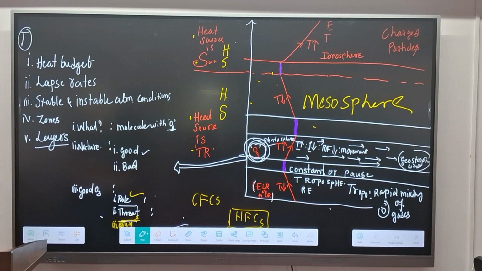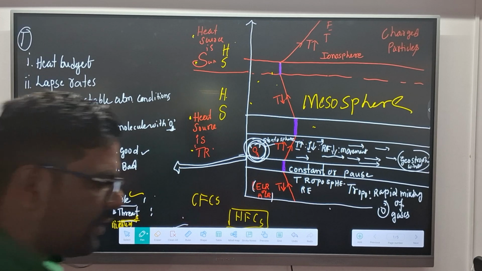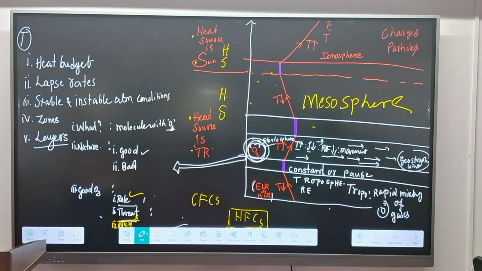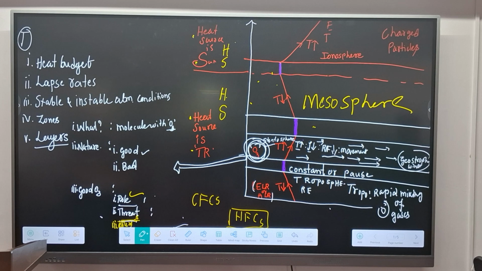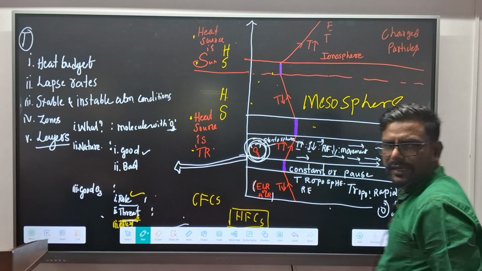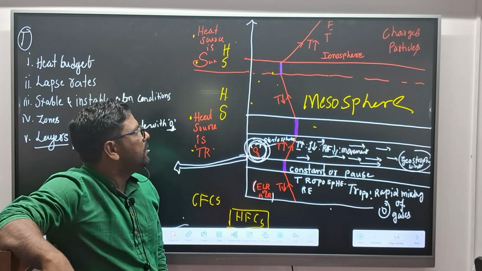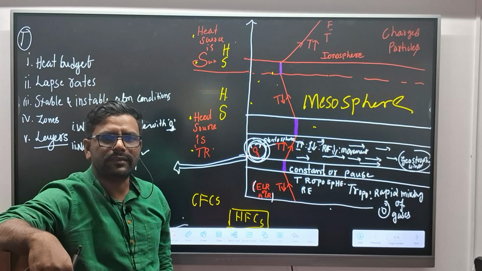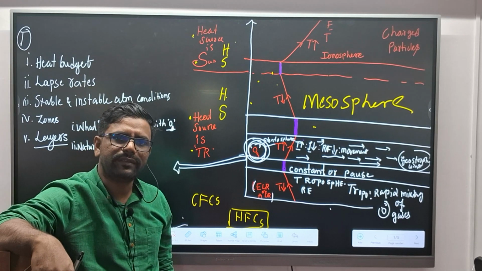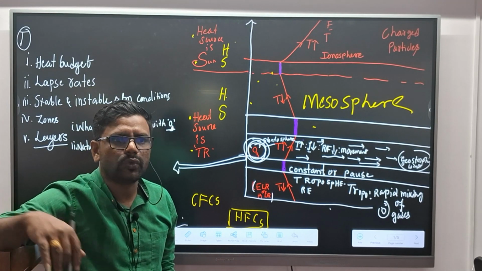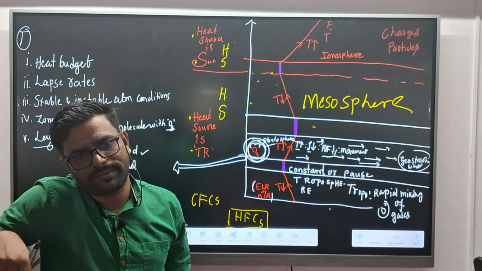Hetero means different, not the same; we have different atomized molecules. Understood? Clear, right? So ionosphere, as the name itself indicates, is the zone of ions.